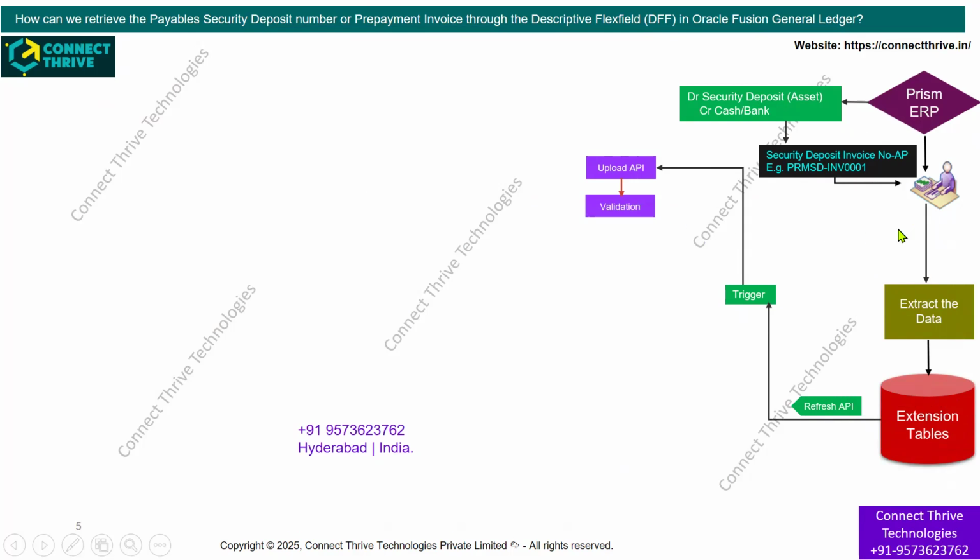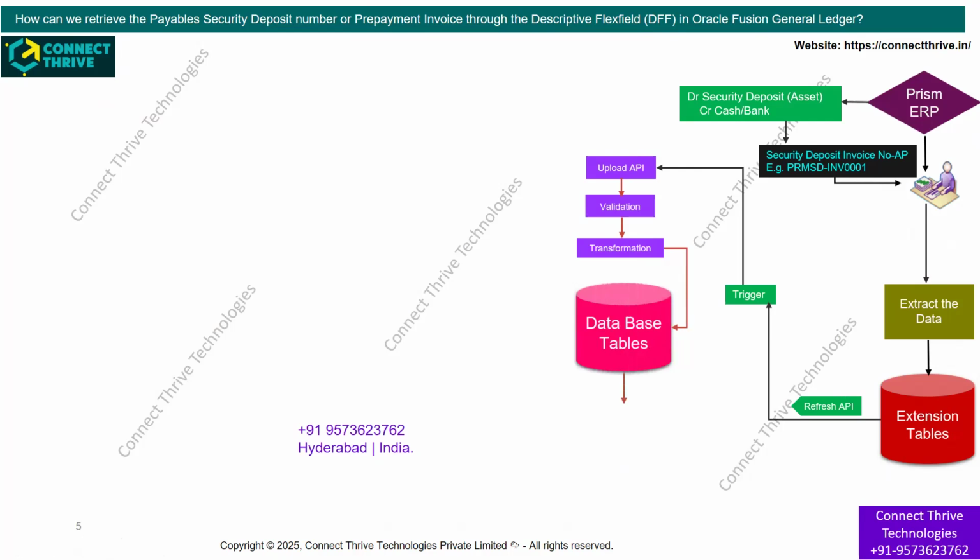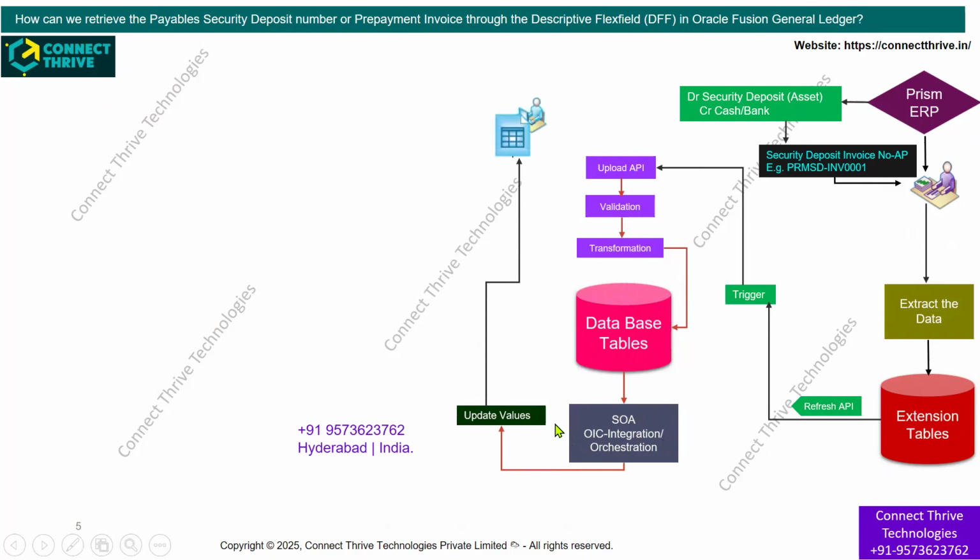Then the data which we are extracting will be validated and transformed to our Oracle database server internally in the Fusion SaaS application. There, once it has come, we will do the SOA integration. By using the SOA integration, it will transform to our Fusion application.